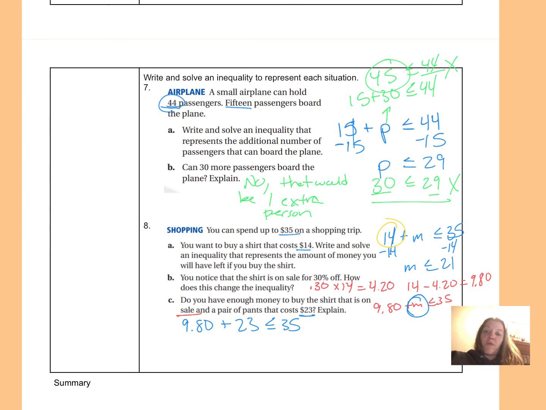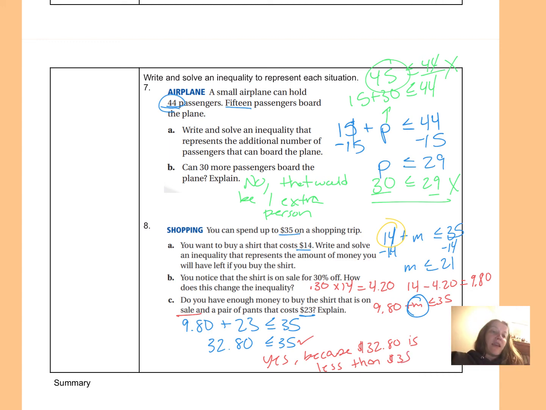So we're taking 9.80 plus the $23. That gives me $32.80. Is that less than or equal to 35? Yes, it is. So will I have enough money? Yes. Because one way I can give is I can say because $32.80 is less than $35.